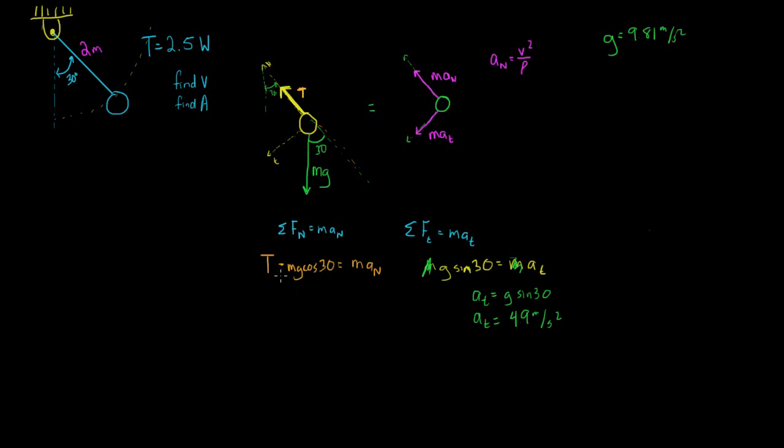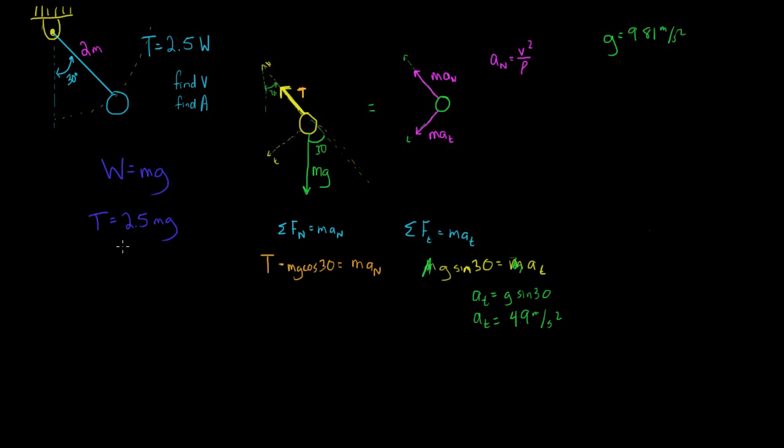So how do we deal with this normal part of the acceleration? Well, right here we're given that the tension in the rope is equal to 2.5 times the weight. And what is the weight? The weight is just mass times gravity. So this tension force is equal to 2.5 mass times gravity.